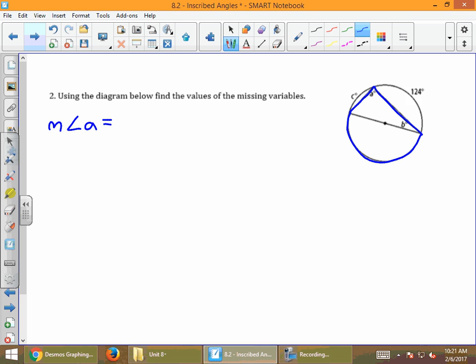What about that arc? What do you notice from here to here? Is that a special name in the circle rules? You didn't know? You're withholding information. That's not good.